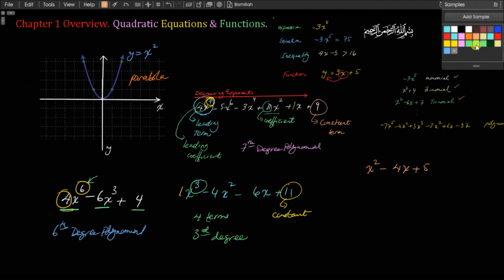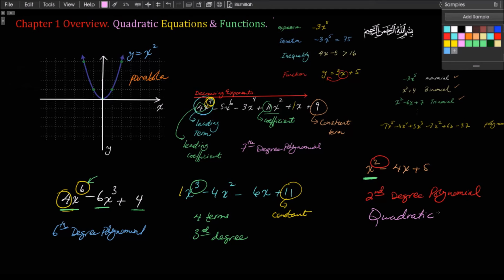How about this one? Well, this is a 2nd degree polynomial. Well, you can say it's a 2nd degree trinomial. That's okay too. But I like to say this is a 2nd degree polynomial because the highest exponent is 2. But you see, 2nd degree polynomials, or polynomials that have the highest exponents square like this, they're special because they're also known as quadratics.